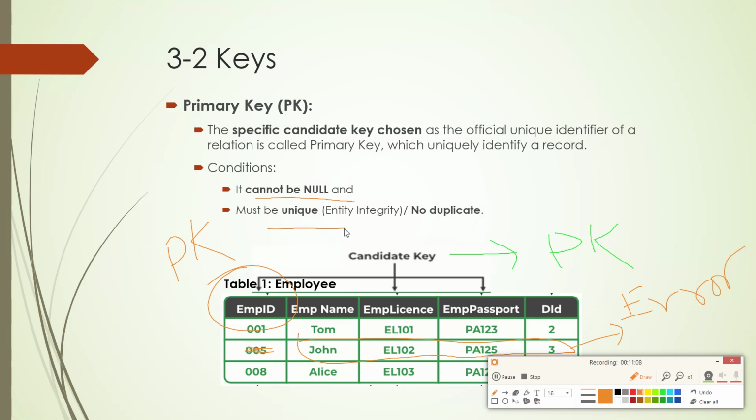By unique we mean that if I add 008 as another data in this table, it will also create an error message. So primary key is an attribute which uniquely identifies a record within a table, and this primary key is selected out of the candidate keys.